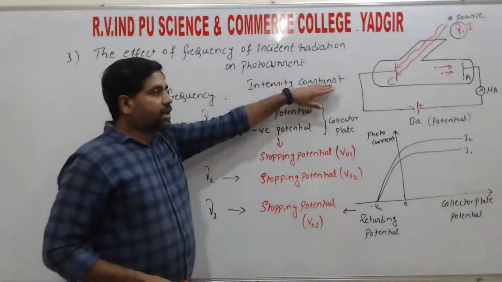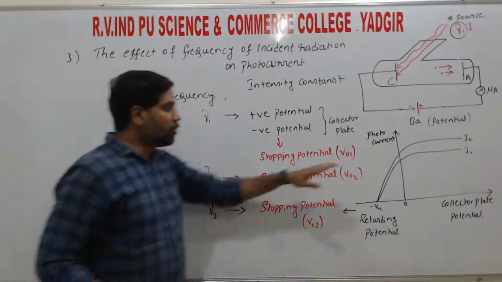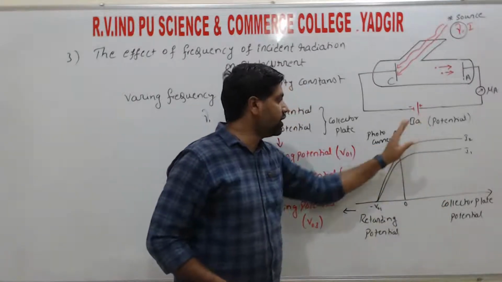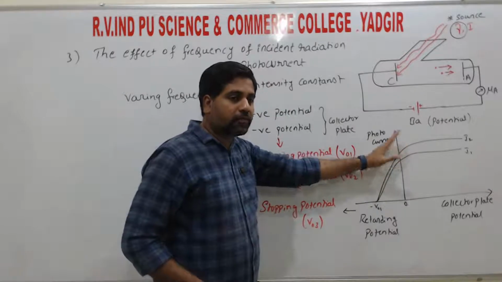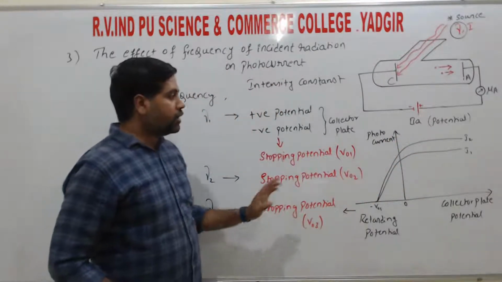Keeping the intensity constant and only varying the frequencies, we observe the photocurrent with respect to potential. As the potential increases, the photocurrent also varies for positive and also for negative.